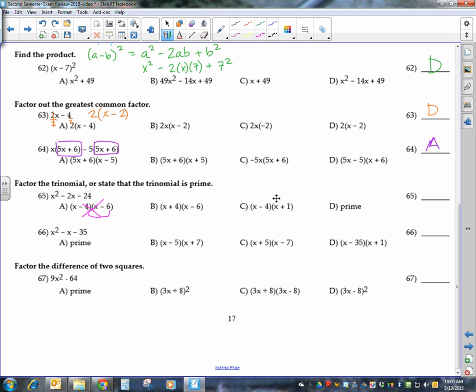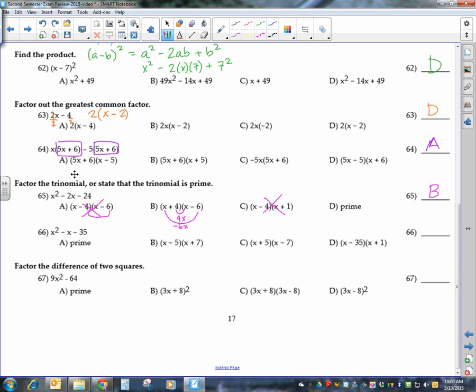Negative 4 times positive 1 does not equal negative 24. These two, 4 times negative 6 is negative 24. X times x is x squared. This is positive 4x, and this is minus 6x. Does that give me negative 2x? It does, so my answer is B. If it did not, then my answer would be D. It would be prime, because that's not one of your choices.